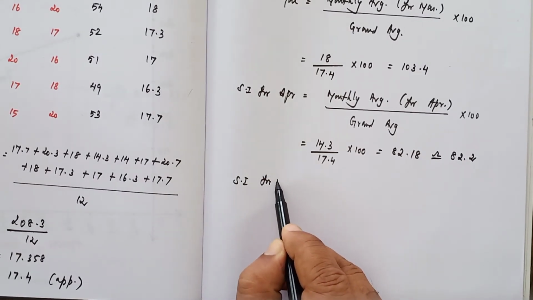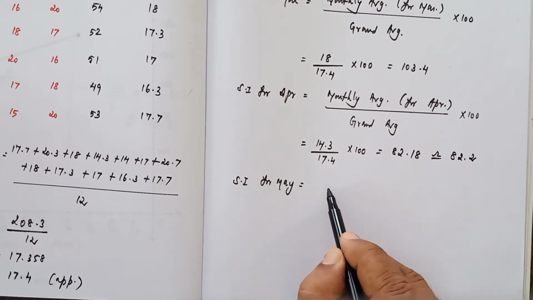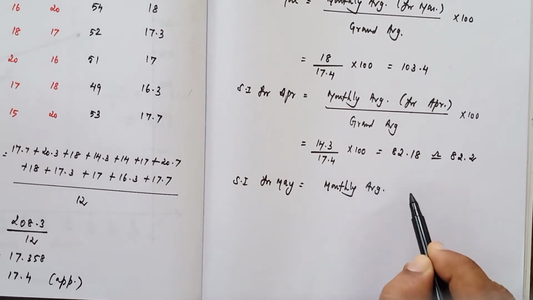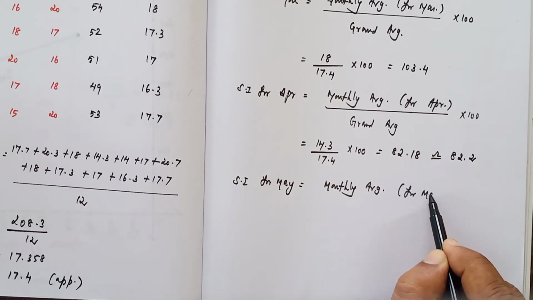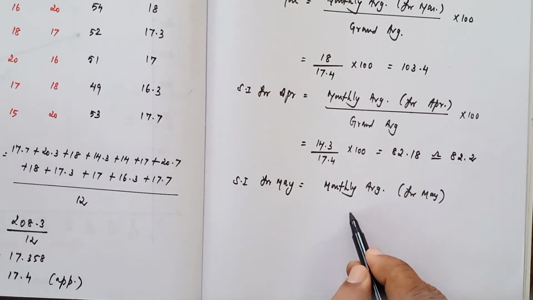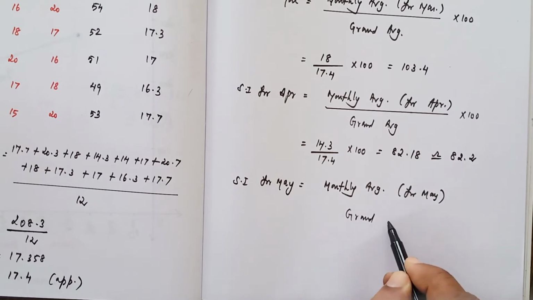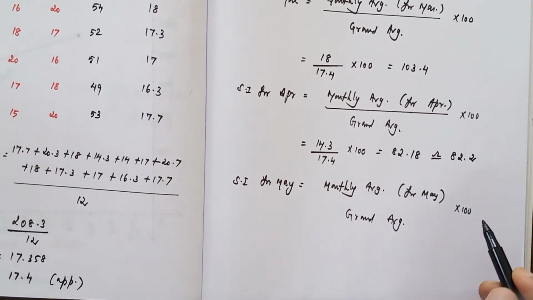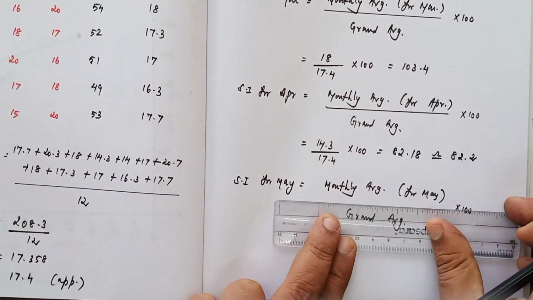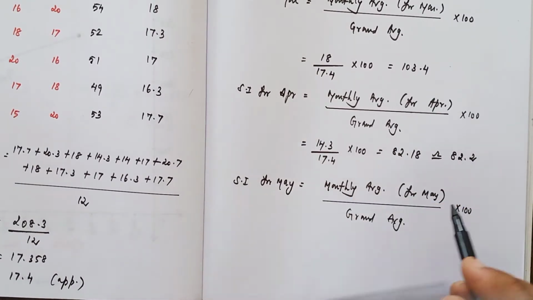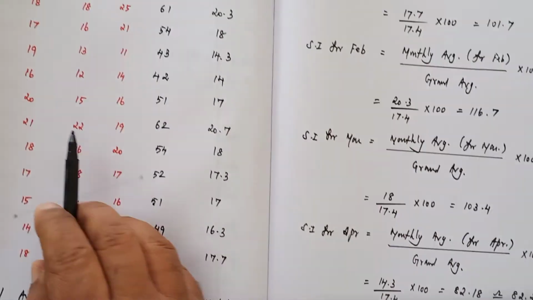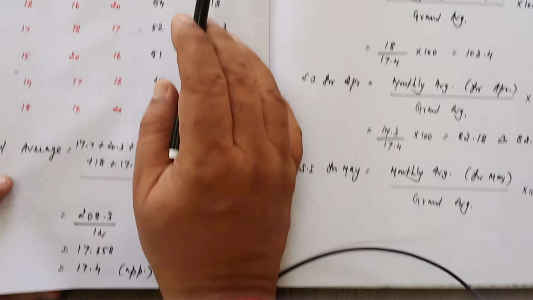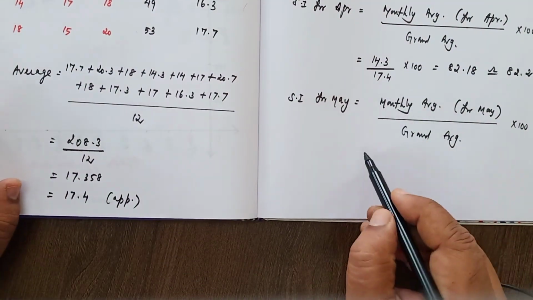Now the next month is May. Seasonal index for the month of May equals monthly average for the month of May divided by grand average into 100. May month average is 14, divided by 17.4.